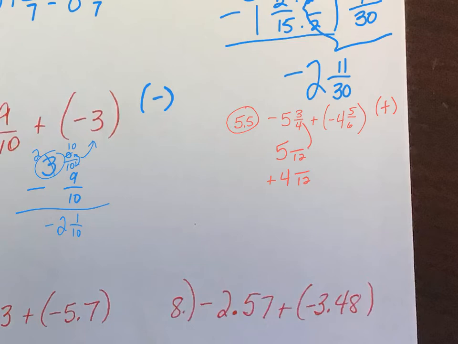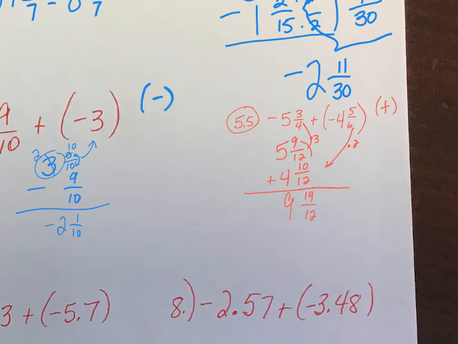Four times 3 is 12. So 3 times 3 is 9. 6 times 2 is 12. So 5 times 2 is 10. We can add them together now. 9 plus 10 is 19/12. 5 plus 4 is 9.